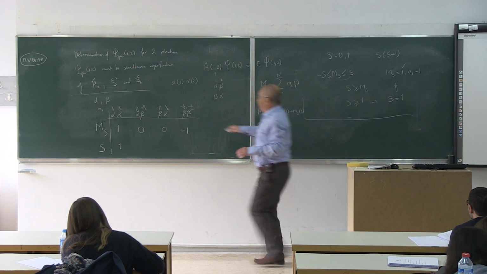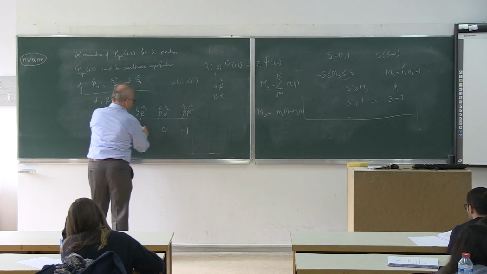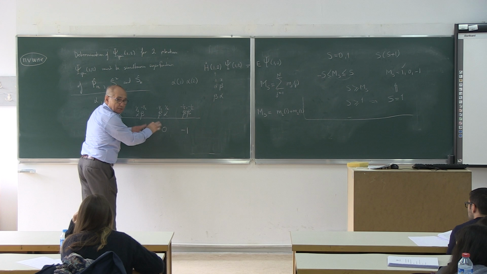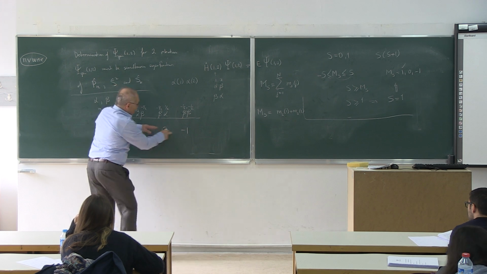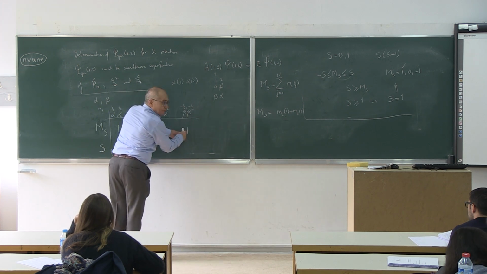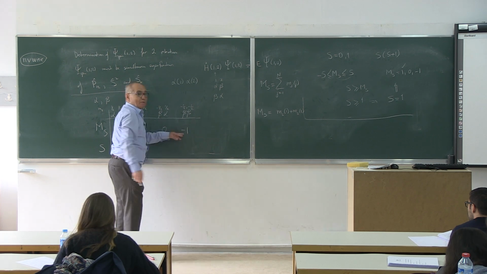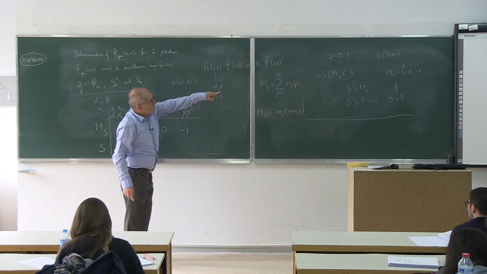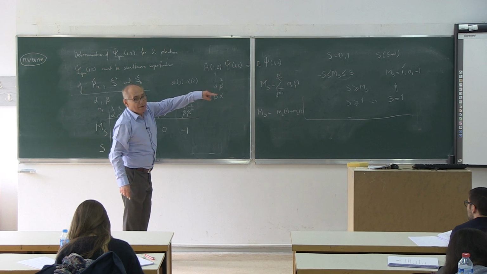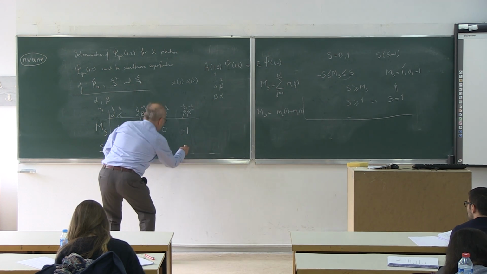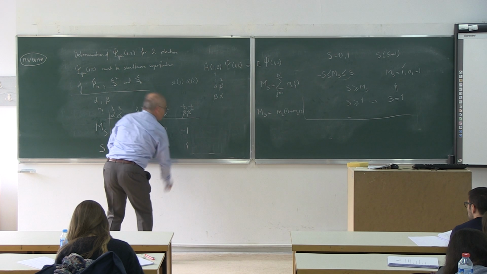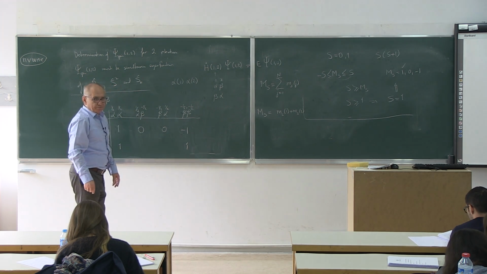Here we see there are 2 functions with MS equals 0, but there is just one function with MS equals minus 1. Therefore, this function must also belong to MS equals minus 1 of S equals 1. So the S value here for this function must also be 1.